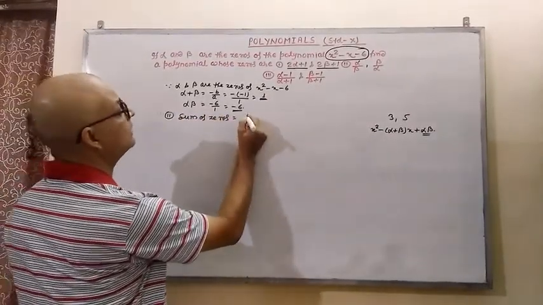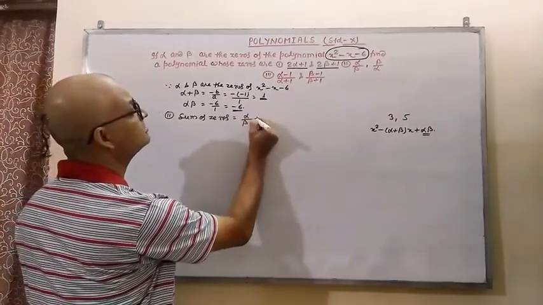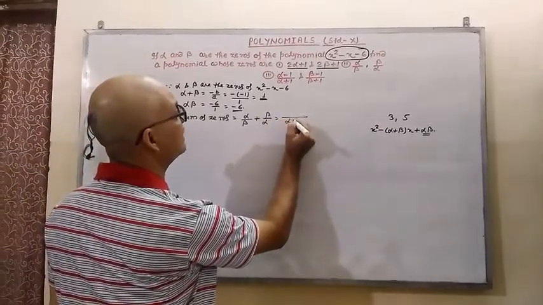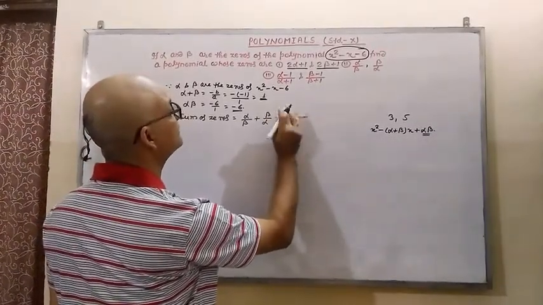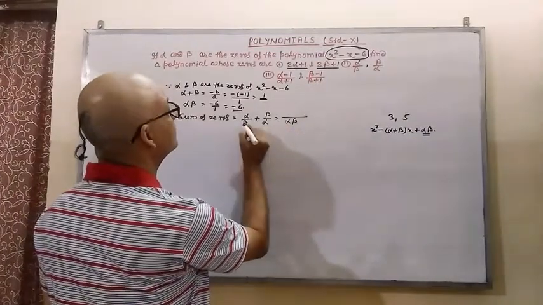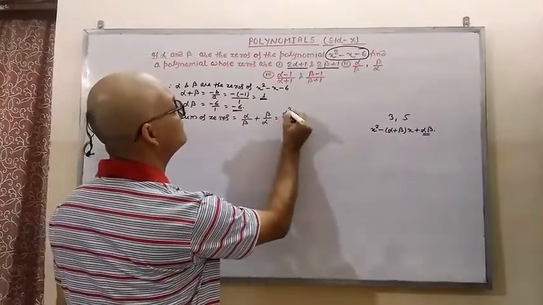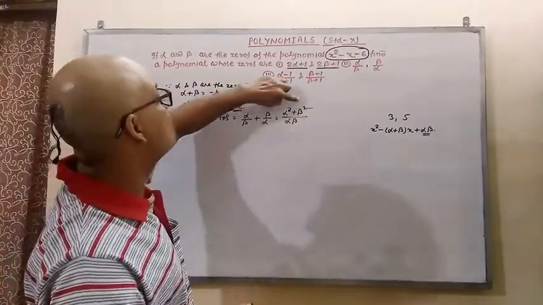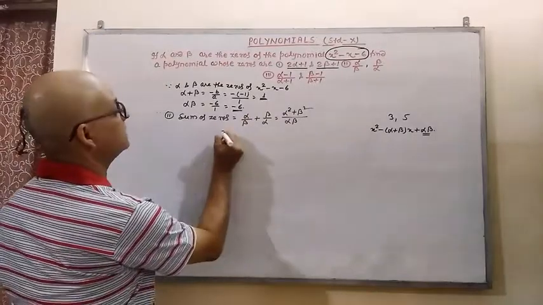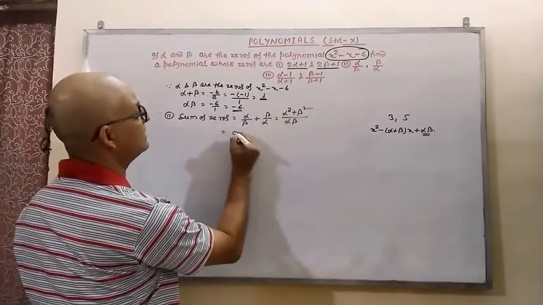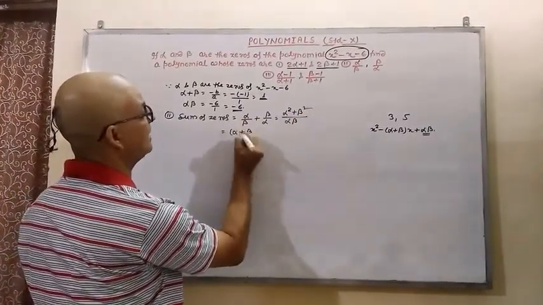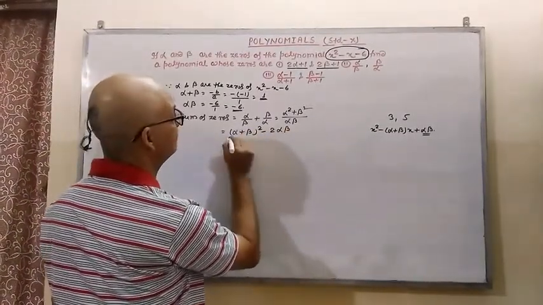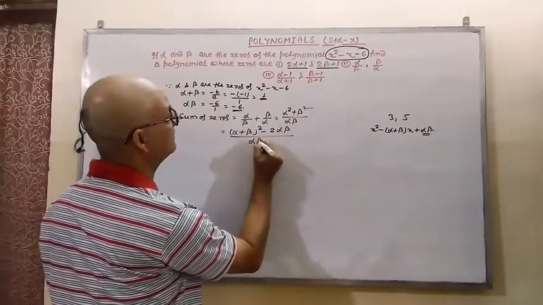is equal to alpha by beta plus beta by alpha. Now that can be written as alpha square plus beta square by alpha beta. Now alpha square plus beta square can be written as (alpha plus beta) whole square minus 2 alpha beta, by alpha beta.